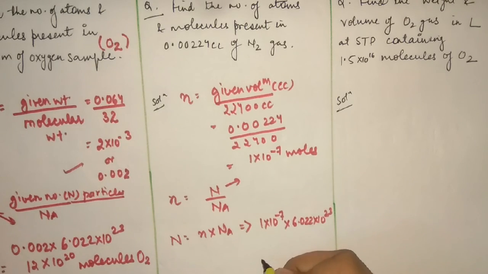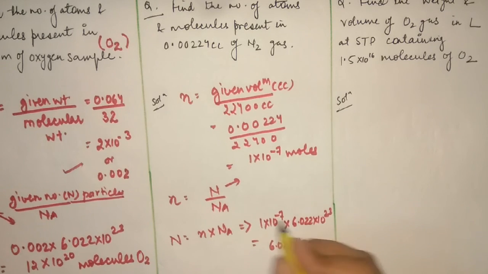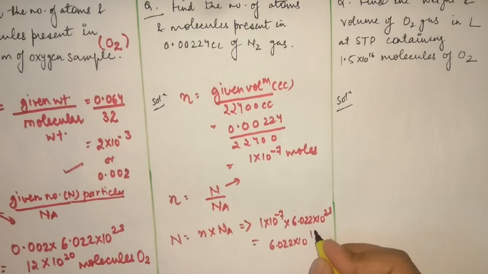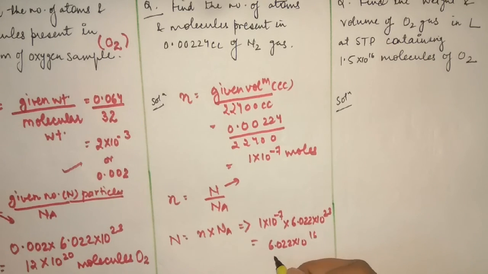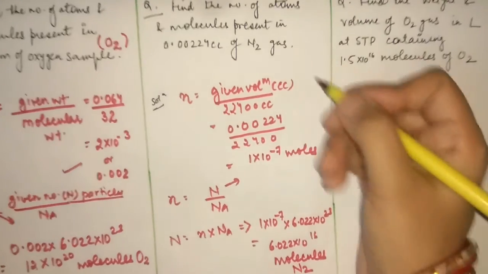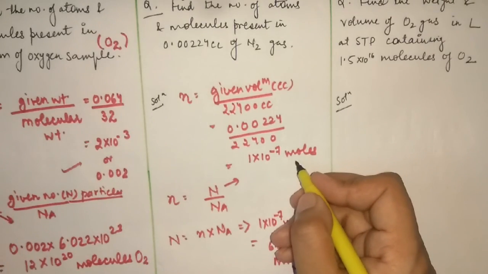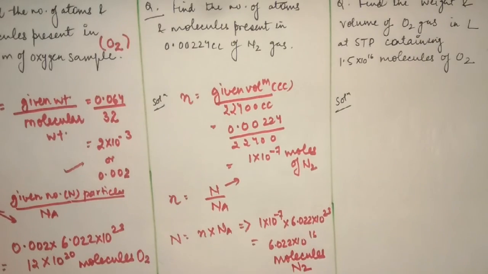Yes or no? We can easily calculate. This will be 6.022 into 10 raised to 23 minus 7, that is 10 raised to 16. Yes or no? This is molecules. Why molecules? Because you are talking about N2. Here it is moles of N2.